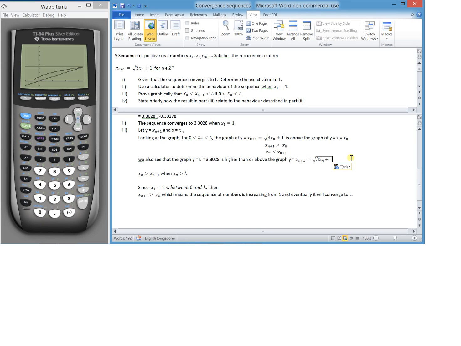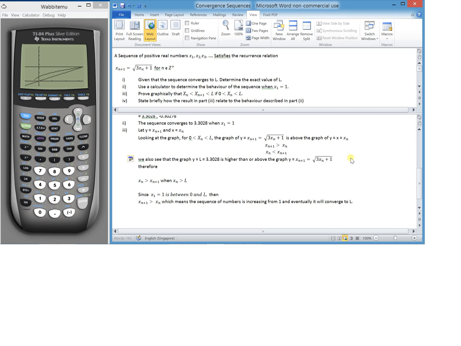Therefore, what does it mean? Therefore, L is greater than what? Actually, I don't need this part. I just need this part.